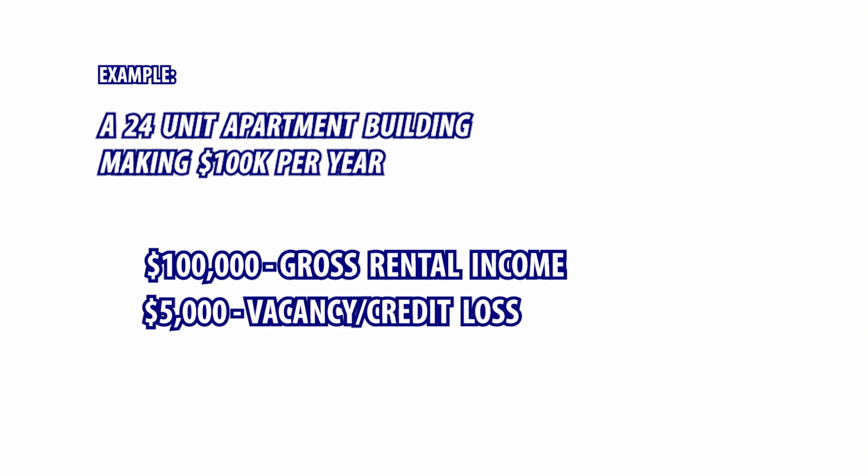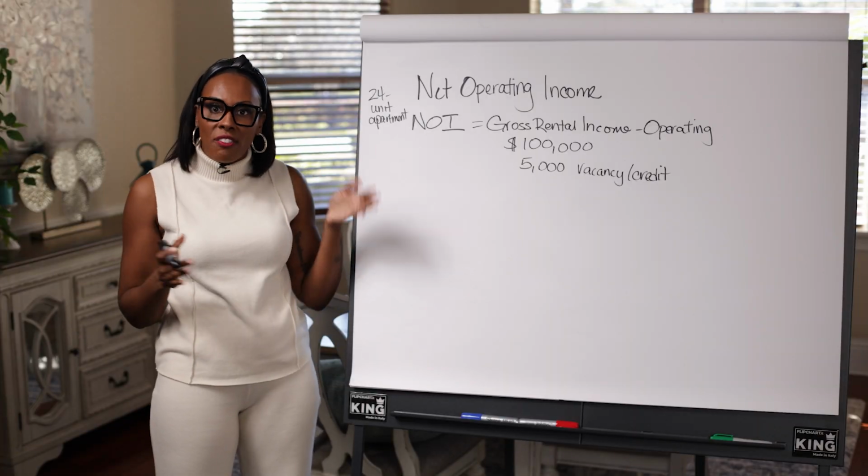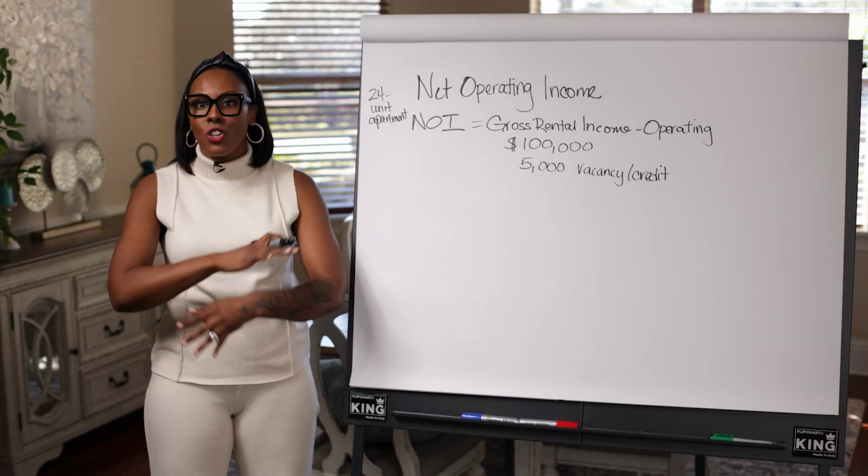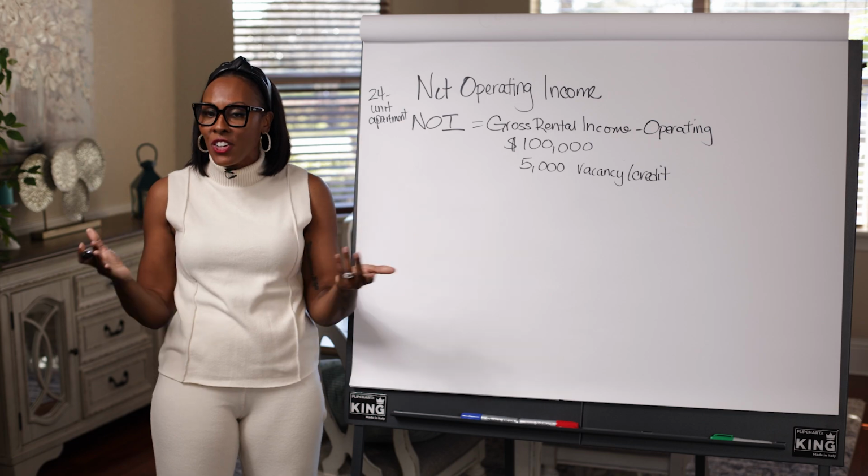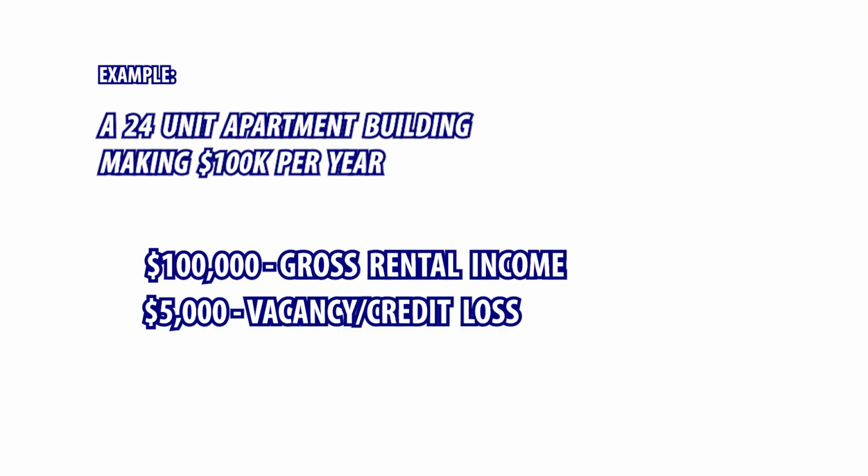Let's say in this example it's $5,000 of vacancy and credit losses, meaning people that did not pay their rent and units that were not booked at all times, because you really don't have a 24 unit where all of the units are rented 100% of the entire year. So you are going to have some vacancy and some credit losses. In this example, let's just say it's $5,000 per year.